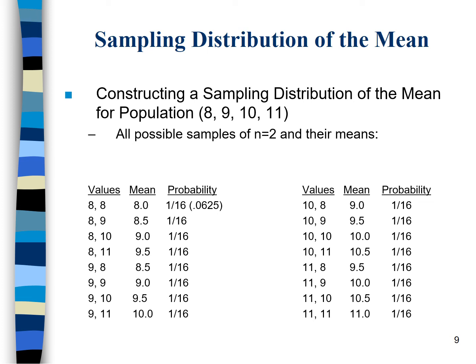And then the probability of me showing up at that desert island and getting any one of these possible samples is roughly a 6.25% likelihood, right? Or a 1 out of 16 chance of getting any one of those samples. All right, so what have we done so far? Well, we figured out the size of the samples that we were going to focus on, which is samples of size 2.